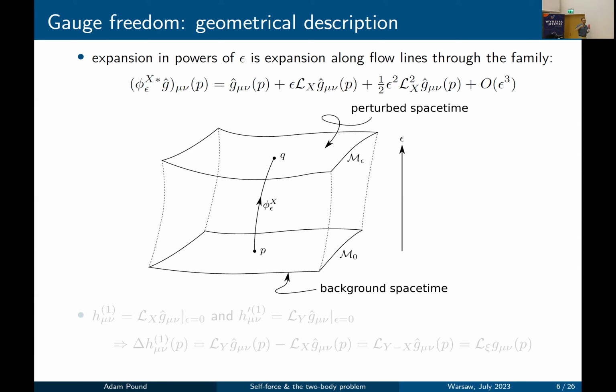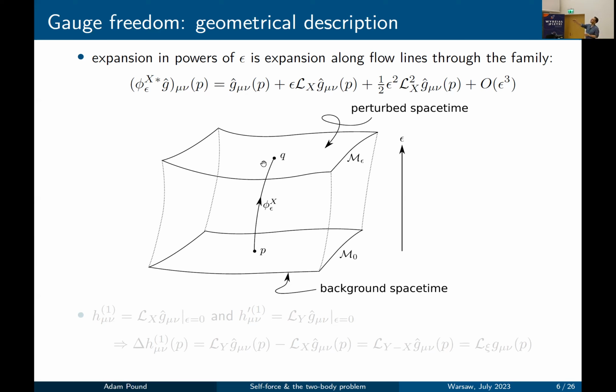And the way to write down this Taylor series in powers of epsilon geometrically without choosing any coordinates is in terms of a pullback. So I mentioned in the previous slide that we were looking at a pullback. So we have some map from P to Q induced by the flow of a vector field, capital X. We expand this pullback.